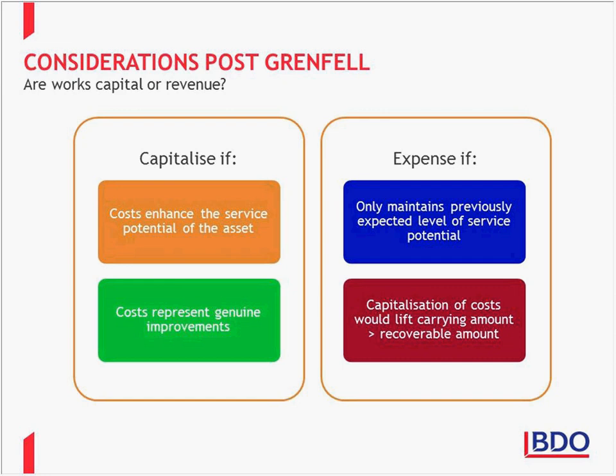If you have no component, then the rule you apply is effectively: do the costs enhance the service potential of the asset? What that means is, do these additional costs increase rental income, reduce maintenance costs, or increase the useful economic life of the asset? I think all three of those are quite difficult to prove, and also what elements of cladding would you actually capitalise on the back of the work you've done proving enhanced service potential?